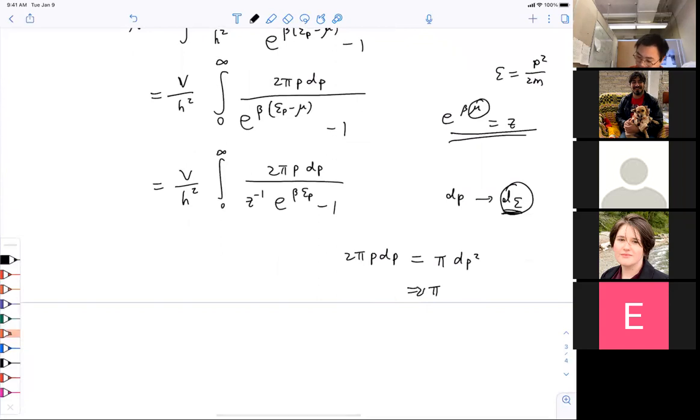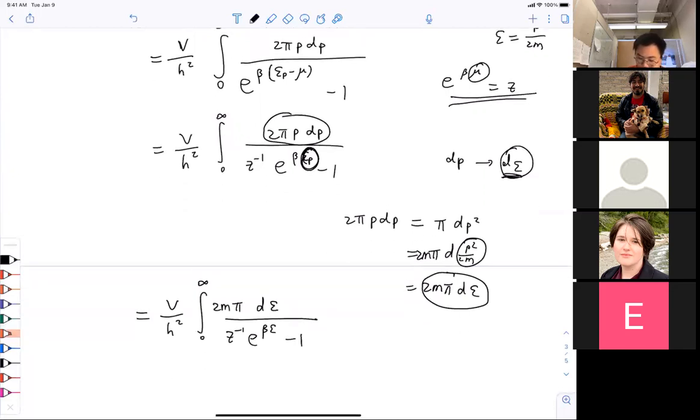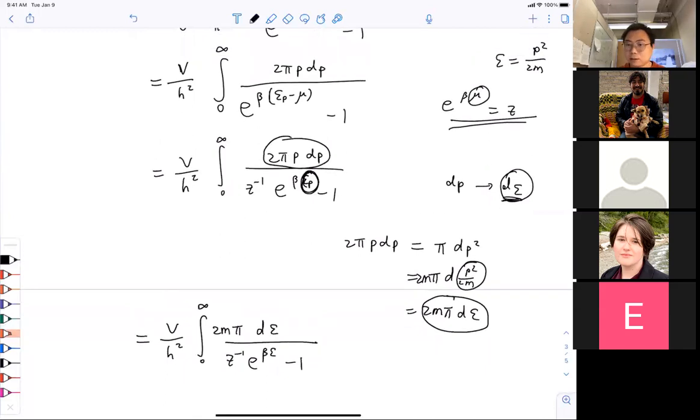So I multiply by 2m and divide by 2m. This is the epsilon, so this becomes 2m pi d epsilon. Now we don't need to regard epsilon as a function of p. I regard it as just the variable, the energy, right? Is it clear so far?